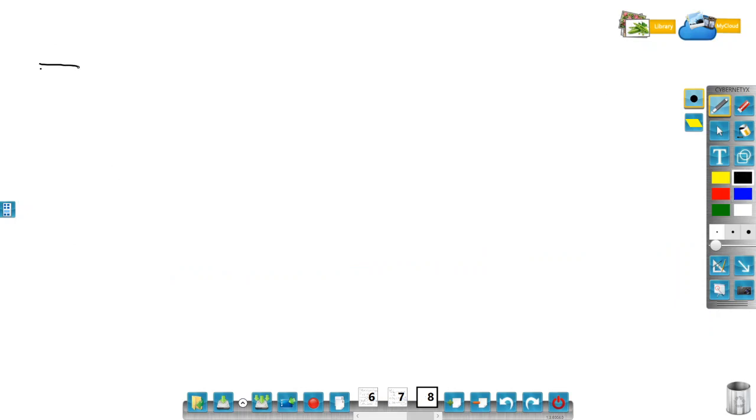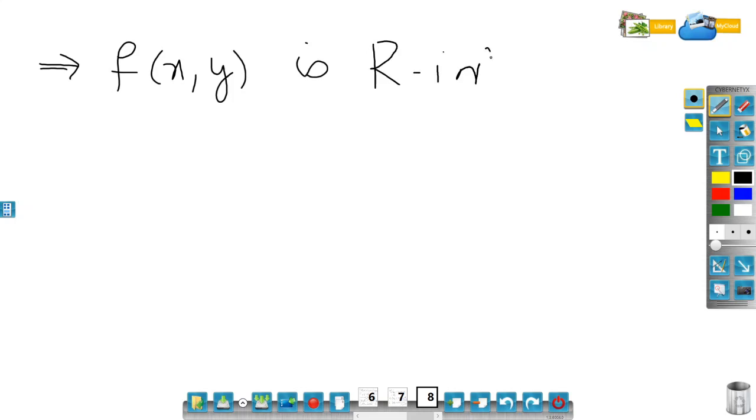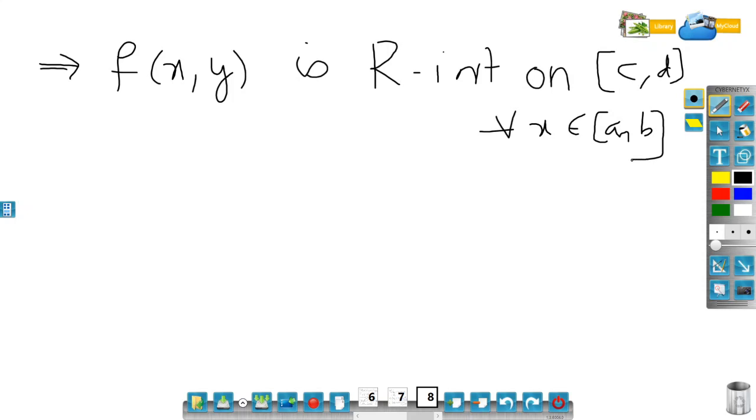So this would imply f(x, y) is R integrable on [c, d] for every x belongs to the closed interval [a, b]. If it is R integrable, then we can define the integration of it.